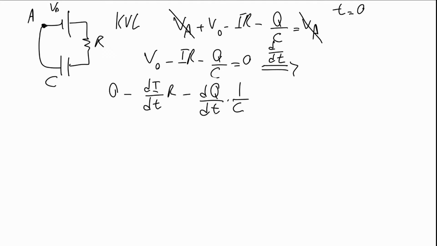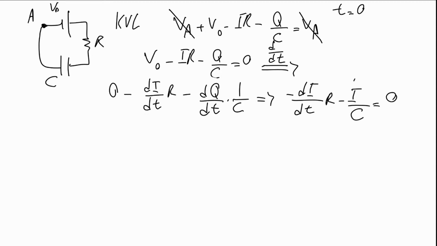This term dQ/dt is I, since the differentiation of Q with respect to time is the current. So if we write it one more time, it's minus dI/dt R minus I over C equals 0.